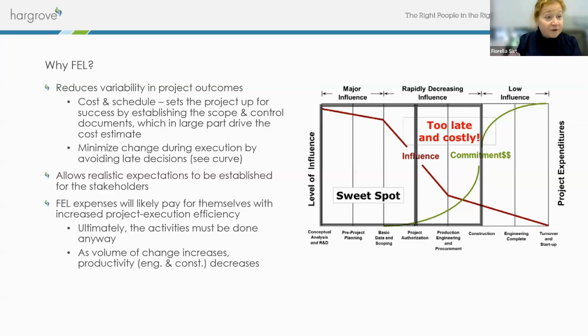You're going to make very significant decisions that will completely dominate what your final commercial plant is going to look like.